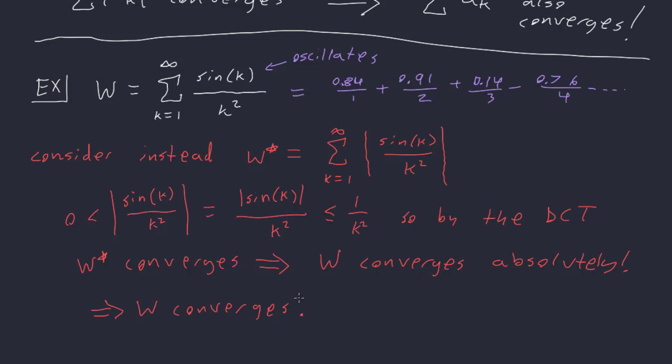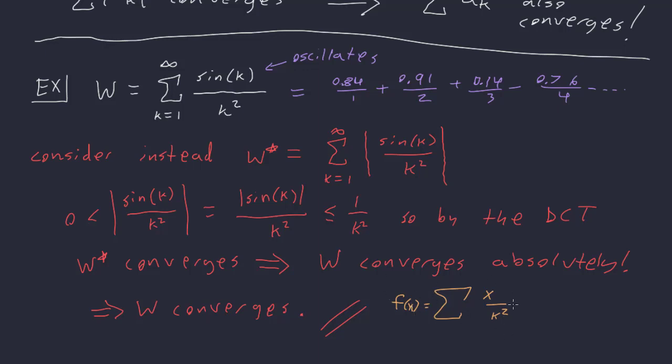So what I want to leave you with, and yeah, this ends up being a fairly short section, is that this idea is what we will start to use when we start putting x's in our series. I might have x over k squared or something like that, and I might be describing a function this way.